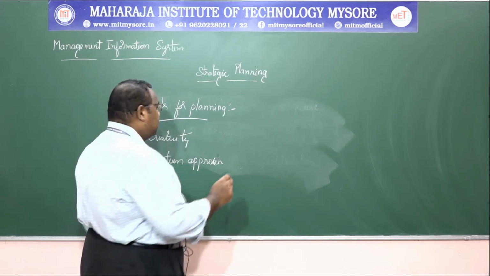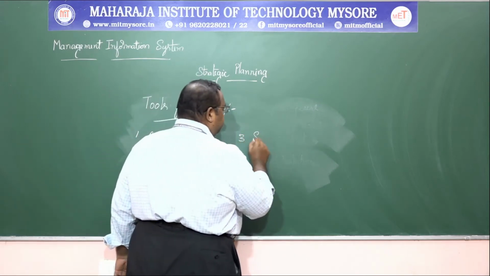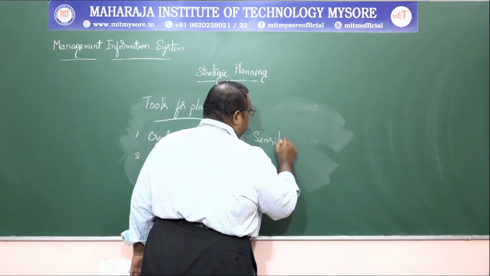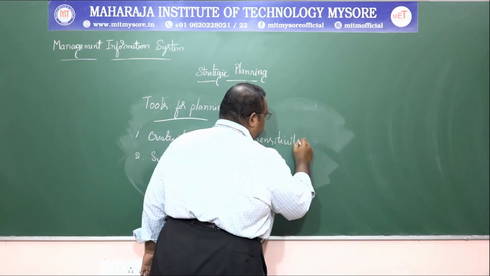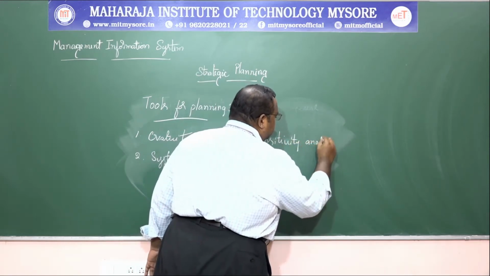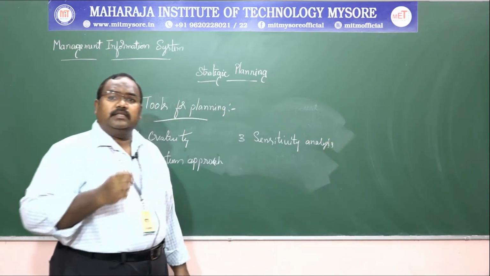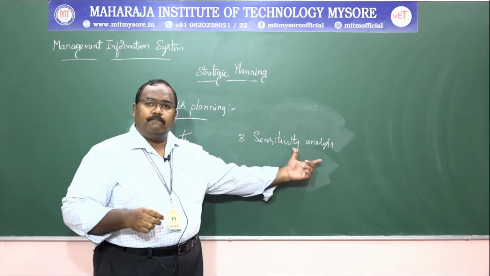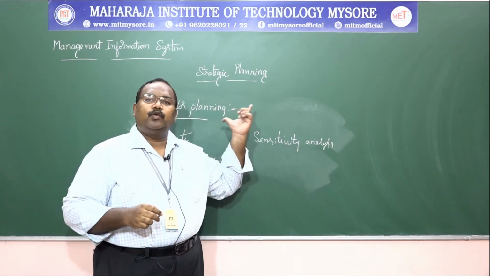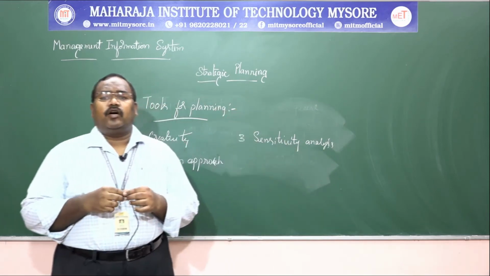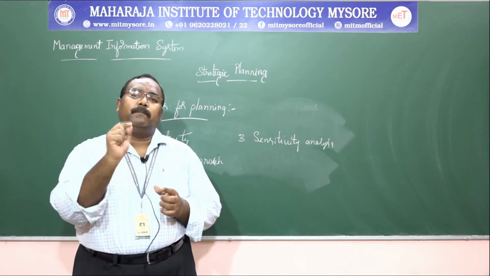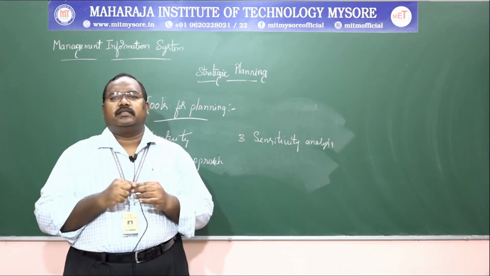The third one is sensitivity analysis. We know what analysis is. Why is analysis important? We have studied the importance of analysis in SWOT, that is, SWOT analysis. When you talk about sensitivity analysis, the main sensitivity deals with financial crisis.